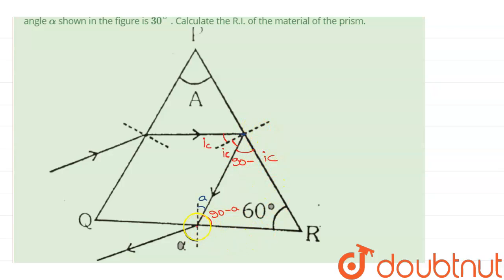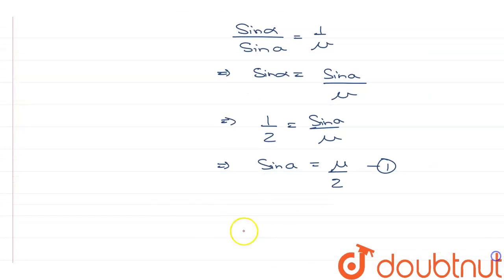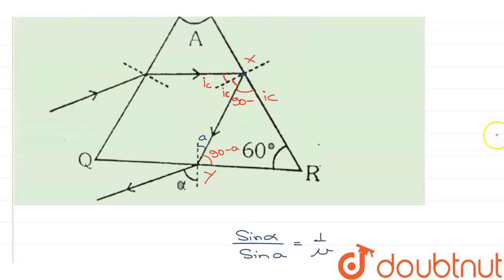So if I name these contact points X and Y, in triangle XRY, the sum of these three angles should be 180 degrees.